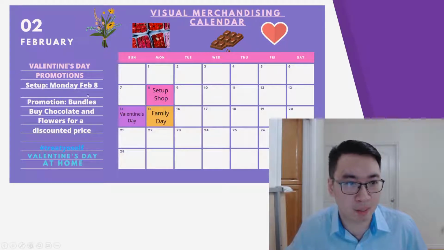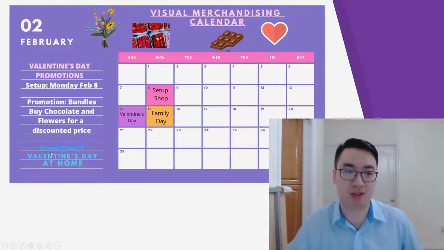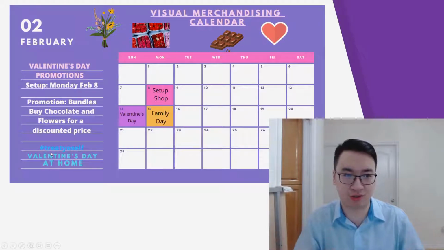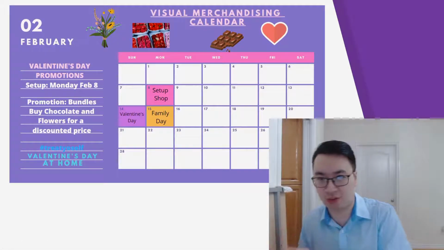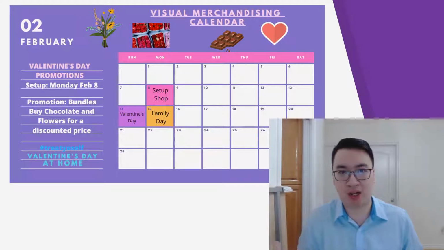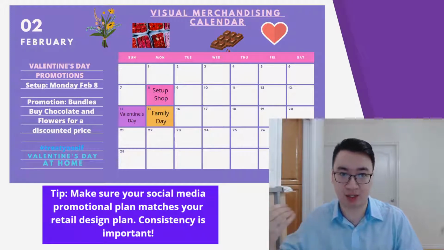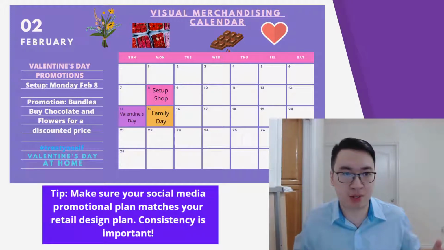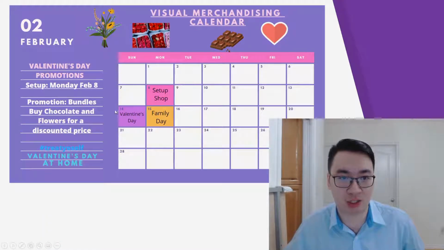I have here, bundles: buy chocolate and flowers for a discounted price with the hashtag treat yourself. And this is a Valentine's Day at home promotion. Because of COVID restrictions, we probably can't spend a lot of time in restaurants. So this promotion was designed in the current operating environment, but also it's Valentine's Day. We should set up the shop on the 8th and highlight the actual day.